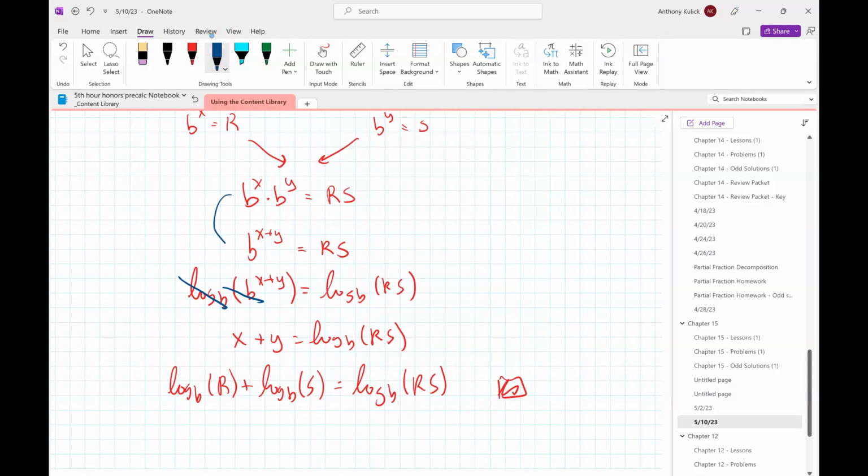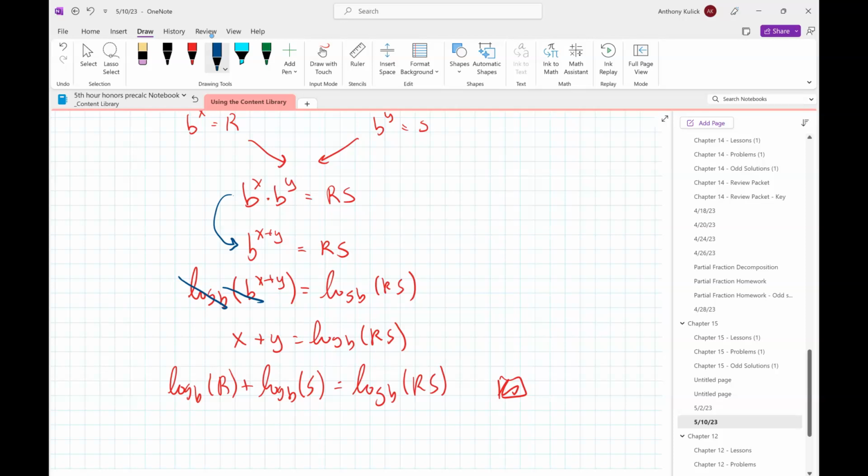So the key here was this step, right? I just took my logarithms, converted into exponential form. Go ahead, Giselle. That's okay. And then used the product property of exponents to do what I needed, and then just took the log of both sides and boom, boom, boom. The process to solve the other two, the quotient property and the power property, is the same.